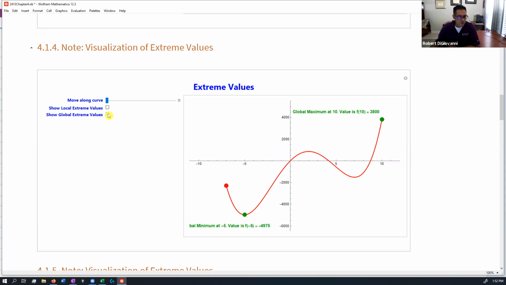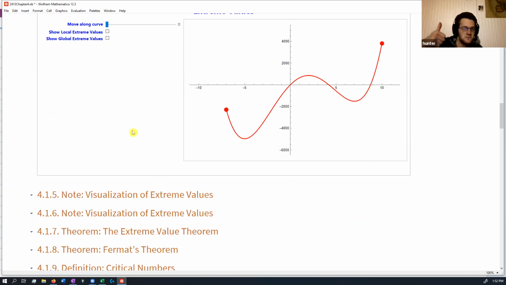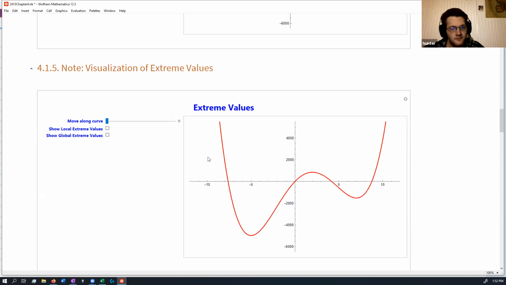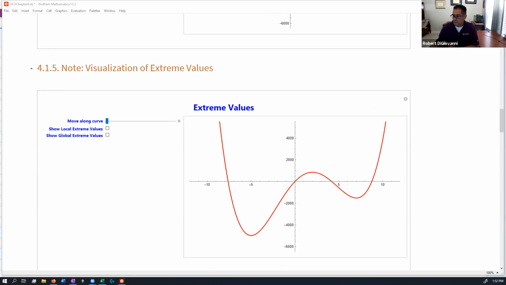Are these pretty straightforward concepts? All right, this one's different. I'm putting arrows there. That implies that that graph keeps going up forever on both sides.